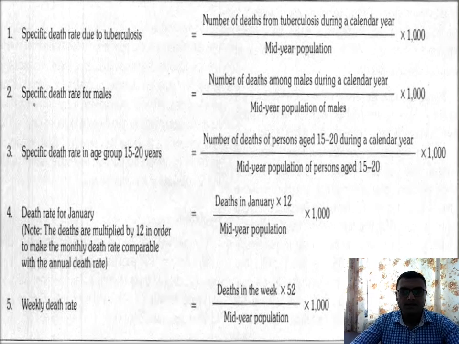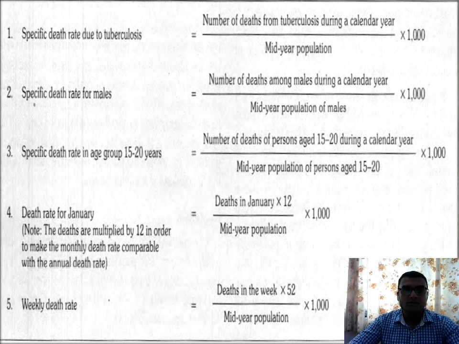These are some examples of specific death rate. Suppose we want to find the specific death rate of tuberculosis. As I said, in the numerator we have to take the number of deaths resulting from tuberculosis. We have to exclude all the non-tuberculosis deaths, and divide by the mid-year population.